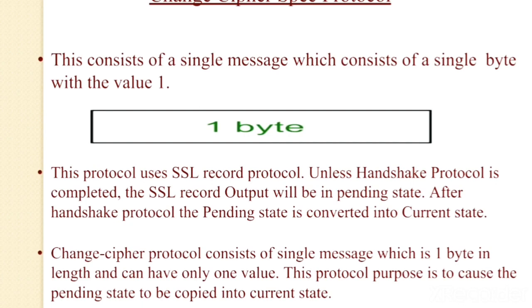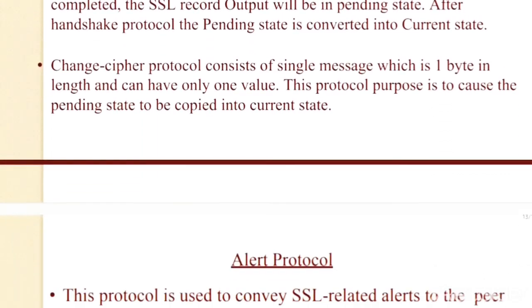Until the handshake protocol is completed, the SSL record output will be in pending state. After the handshake protocol, the pending state is converted into the current state. The change cipher spec protocol consists of a single message which is 1 byte in length and can have only one value. The purpose of this protocol is to cause the pending state to be copied into the current state.